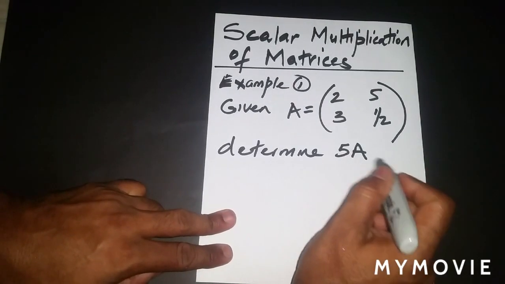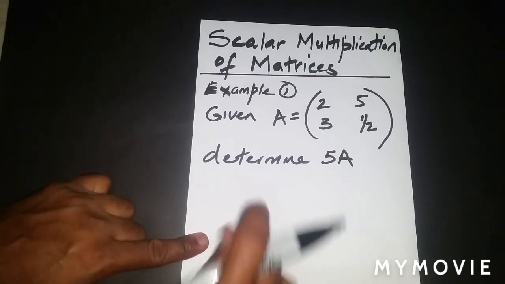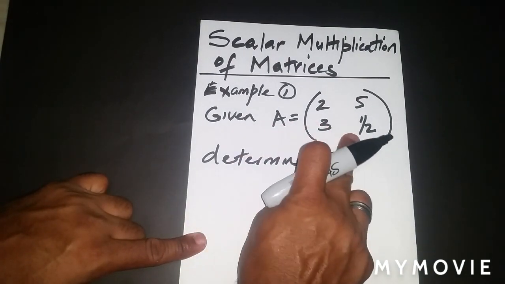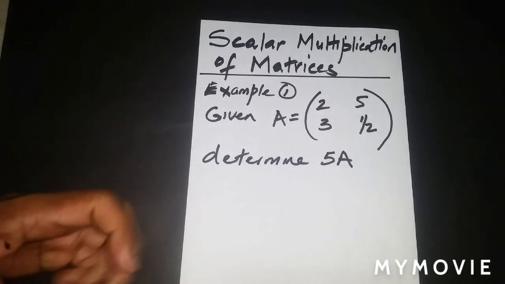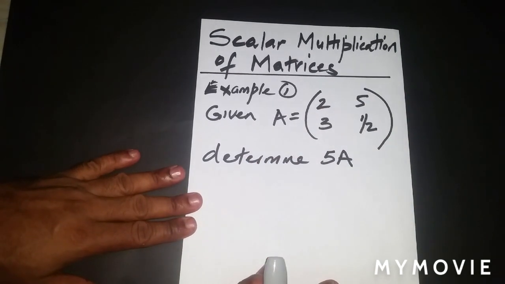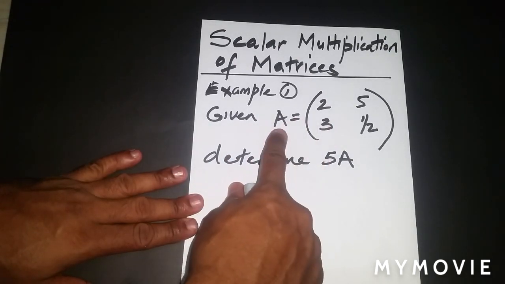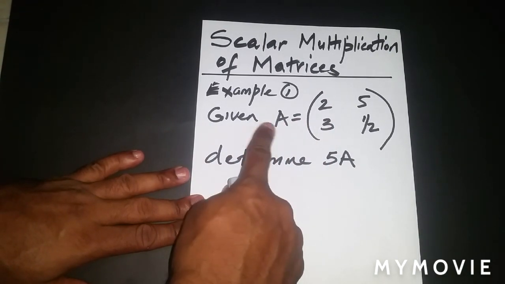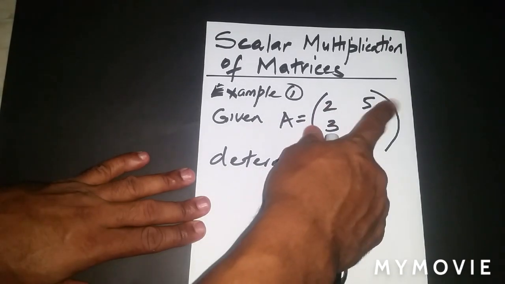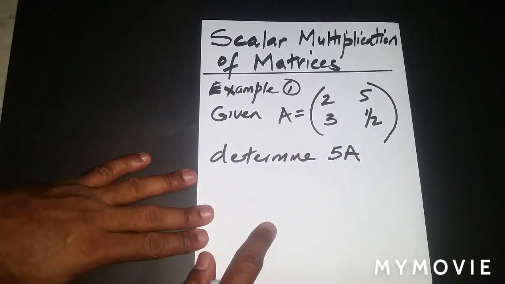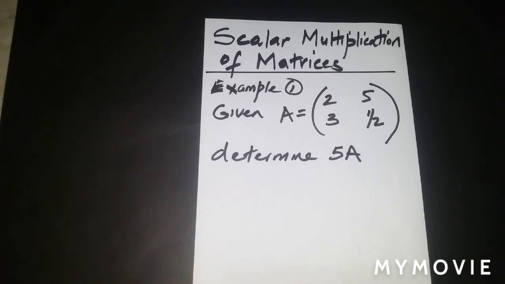We're given a matrix, and that matrix is called A, and obviously it's a 2 by 2 matrix. Matrices are normally denoted with capital letters. So they're telling us, given matrix A equals 2, 5, 3 and a half, determine 5A.